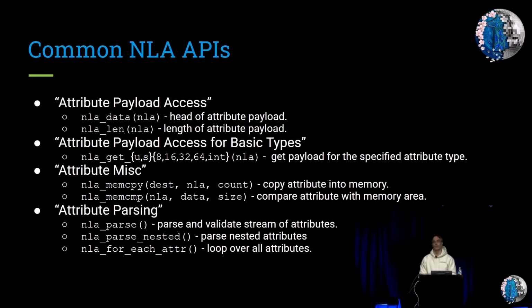So the key would be the attribute type, and the value would be a pointer to the payload buffer for that corresponding attribute. The other two, nla_parse_nested and nla_for_each_attr, are actually macros, and are essentially just iterators. We're going to start at the front, for loop through, and then we're going to return you an iterator for each one of the entries in the buffer itself.